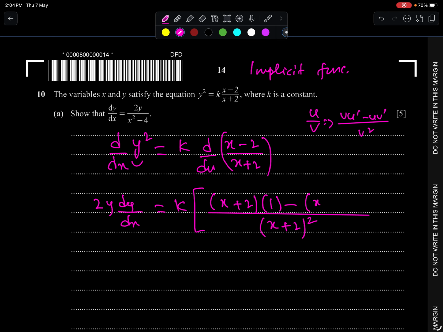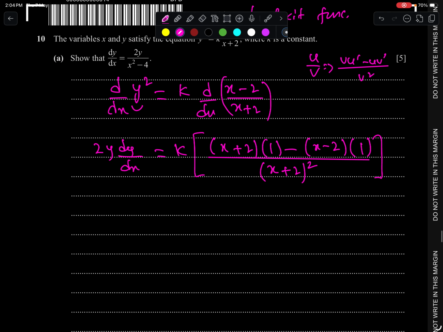Then copy x minus 2 and differentiate v, which is 1. Now we have 2y dy upon dx k. Here we have 4. When we simplify this, x cancelled, and this is 4.